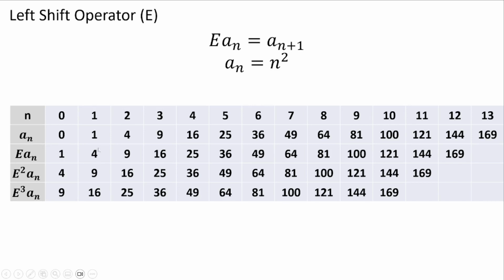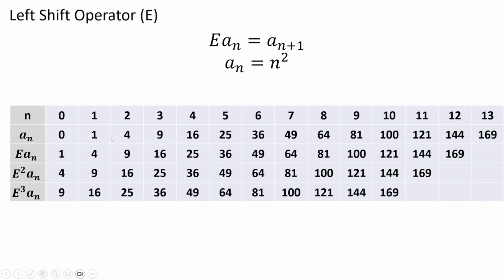If we plug in n equals 1 here, E a_1 equals a_2, which means a_2 equals n squared, 2 squared equals 4, and so on. When we plug in 2, E a_2 equals a_3, which is 3 squared. 3 squared is 9, so we get 9, but notice that 1 is for the input 0, 4 is for the input 1, and so on.